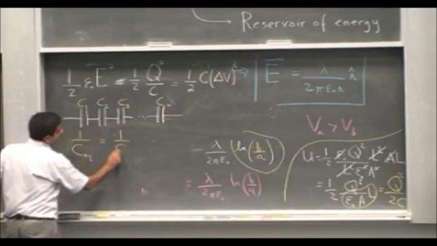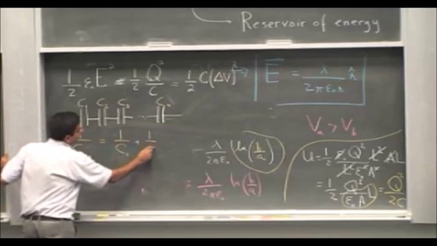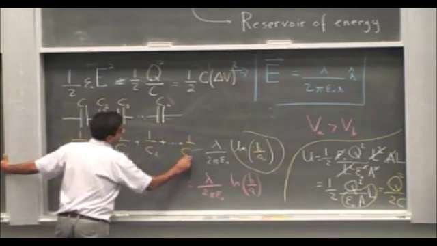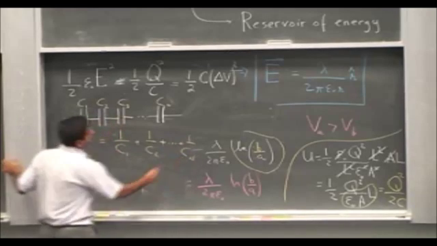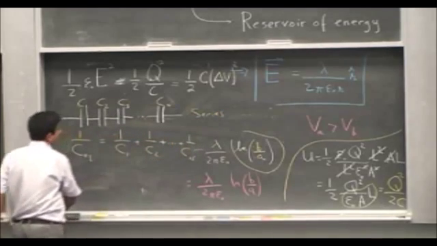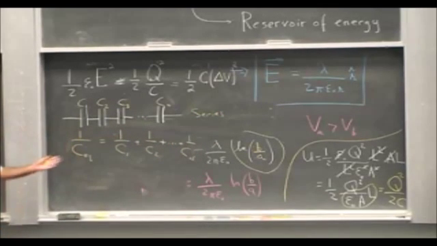It's just 1 over C1 plus 1 over C2 all the way up to 1 over Cn. So this is when capacitances are in series. I will not go into the details of this. There will be ample examples that you will see in tutorials and recitations.